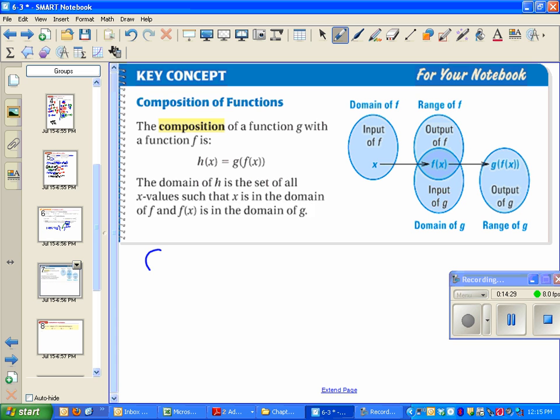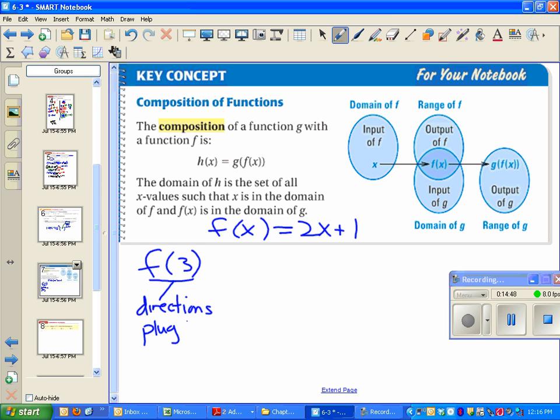First, if you need to understand what f of 3 means. If f of x was equal to 2x plus 1, f of 3, these are directions. Those are directions. That says plug 3 in for x and simplify.